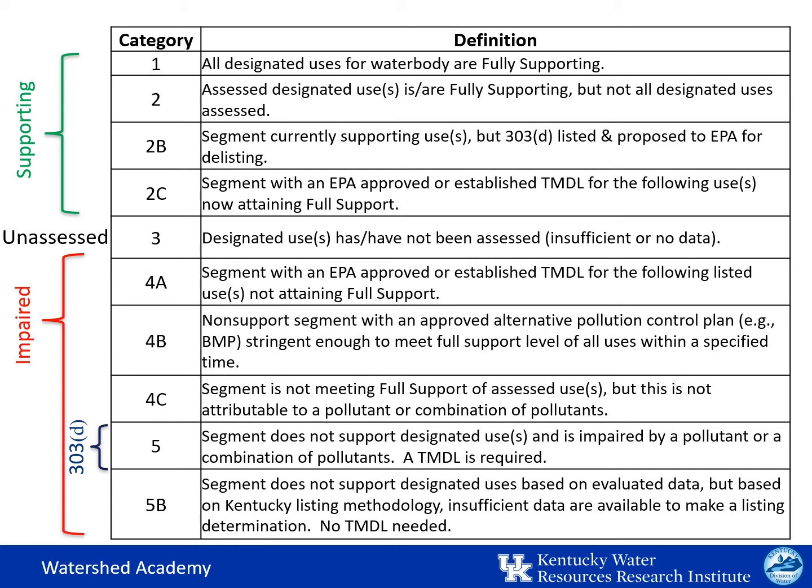Categories 4 and 5 are not supporting or impaired. However, only waters in the 5 category are included in the 303D list because waters in the 4A, 4B, and 4C categories are being addressed through a TMDL or other means, or the non-support designation is due to something other than a manageable pollutant source.